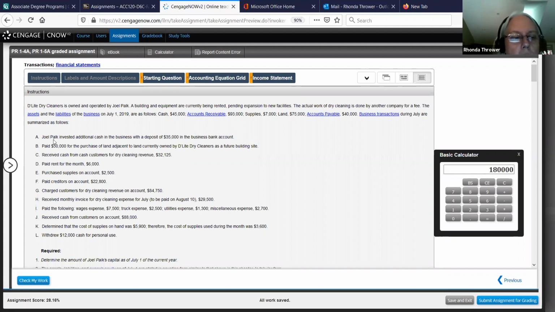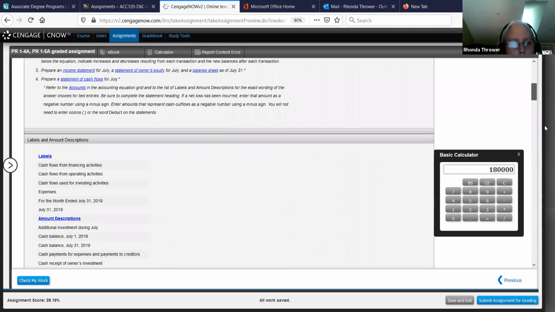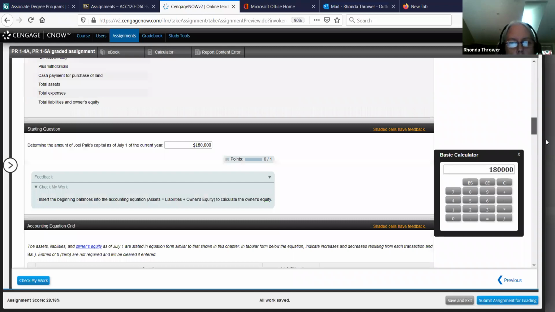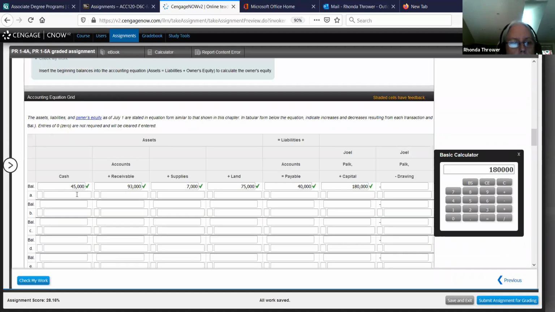So for transaction A, Joel Polk invested additional cash in the business with a deposit of $35,000 in the business bank account. So I'm going to go to my accounting equation. In this spreadsheet, you have to add an additional step here. They like for you to put a plus or a minus in here so you get full credit of what you're doing with that account.